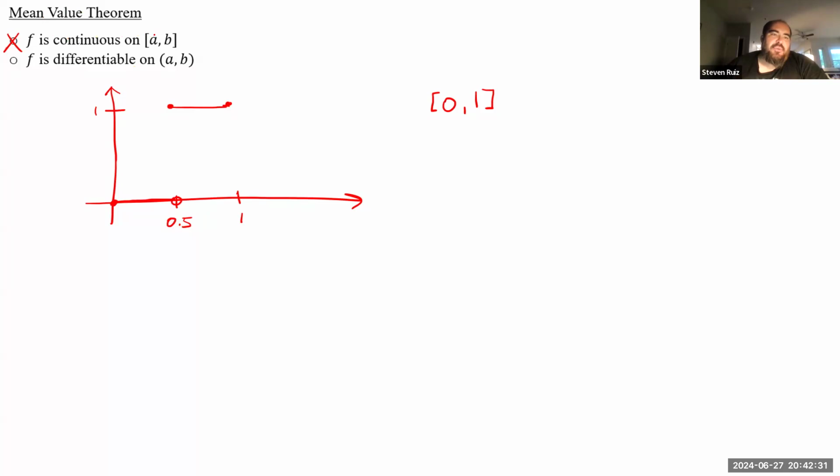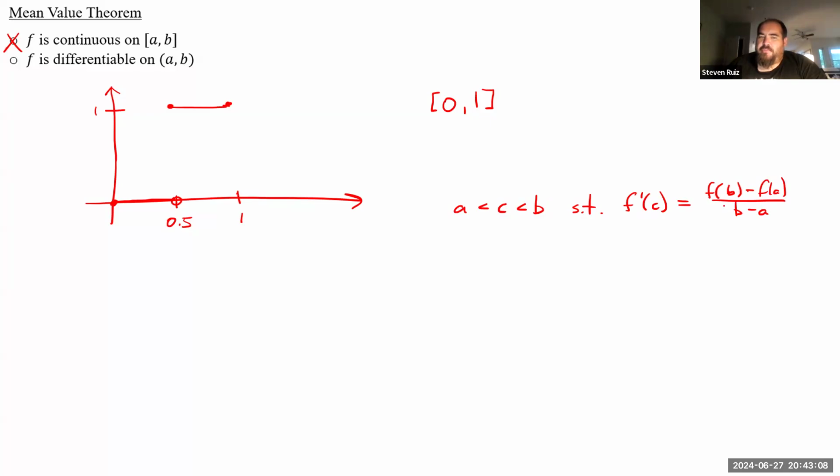Basically, if you have a function that's continuous on a closed interval and differentiable on the same open interval, what's guaranteed is that you have a c in between a and b such that f prime of c is equal to f of b minus f of a over b minus a.